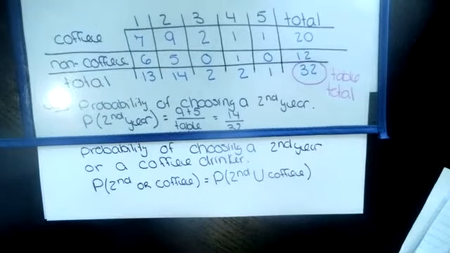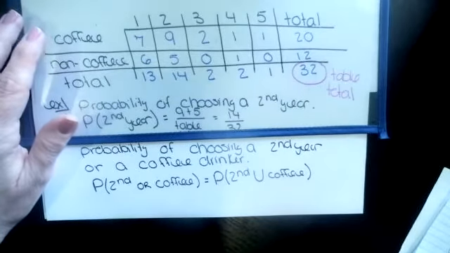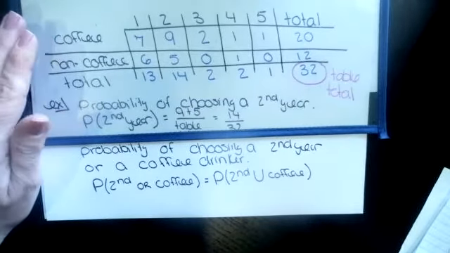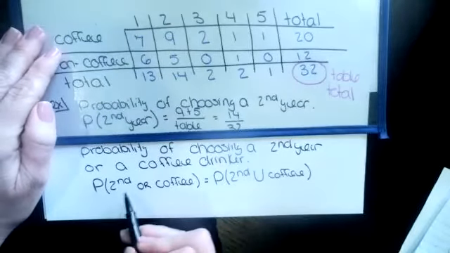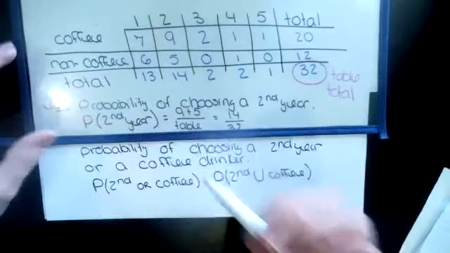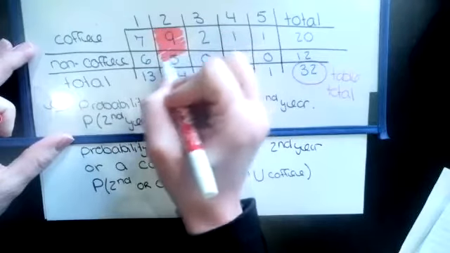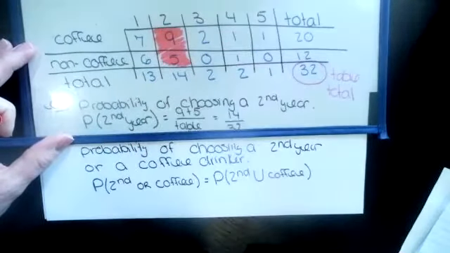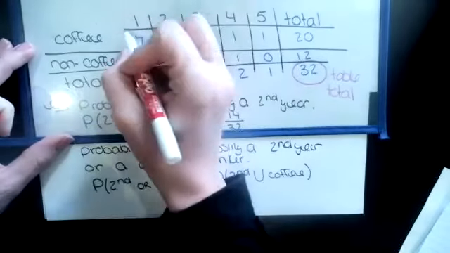So here I have that, and I'm going to use my table shading. So I want to highlight or shade in the table everything that's of interest to me. So I'm going to shade in my second year, which we've already had. I kind of could have just left that. So my second year students, and I'm also now going to shade in coffee drinkers.